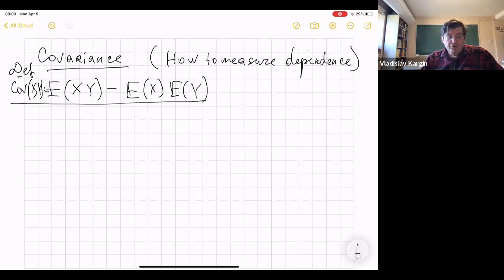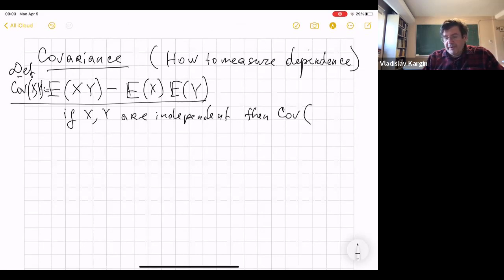And so very simple. In particular, if X and Y are independent, then the covariance of X and Y is equal to 0. Unfortunately, the converse is not true in general.